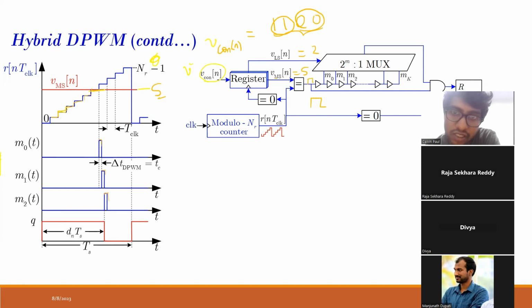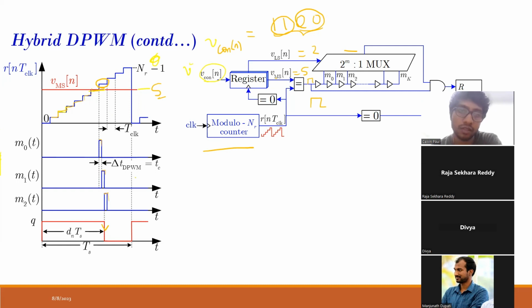And suppose my select line is 2. Then it will select this M2 of t. When this value comes, it will give the reset pulse. So it is using both the modular counter and this mux-based approach to generate the effective duty ratio, the effective duty cycle. In this small duration, if you magnify it, this is happening, and within that, it is computing and getting a final resolution of the duty cycle.